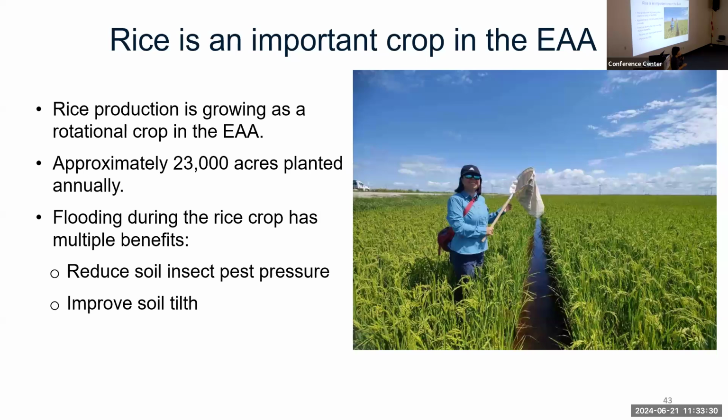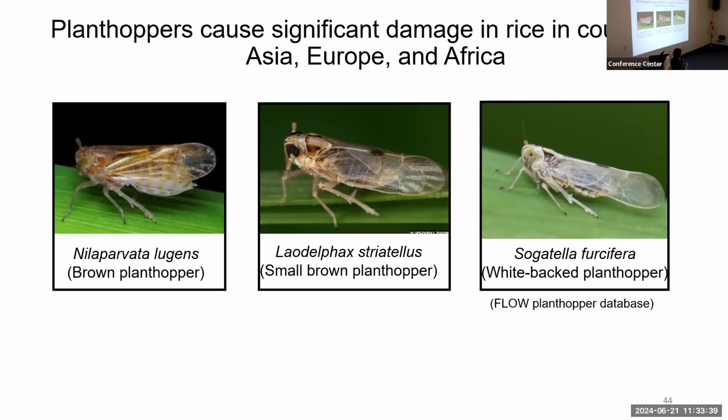So it is a beneficial crop, not only as a cash crop, but it's also good for the environmental condition. And for this rice, these plant hoppers, we don't have it here, but they are in Asia and Europe and Africa, many other rice growing countries. They can be huge problems for rice production.